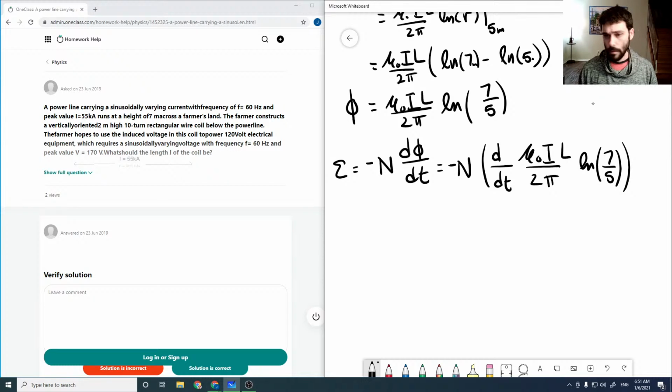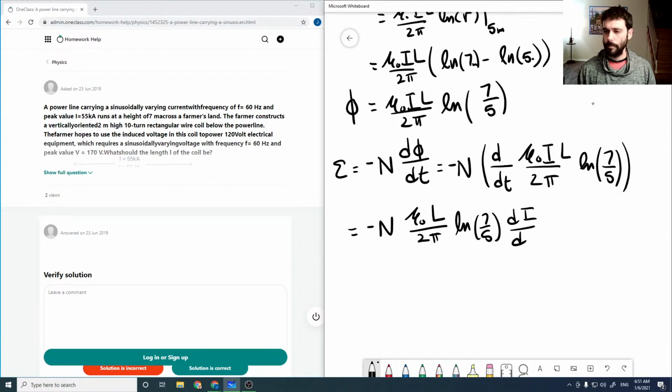Okay. And then minus N. So our mu naught isn't time dependent. Our L is not time dependent. This is not, and this is not. So it's just dI by dt.